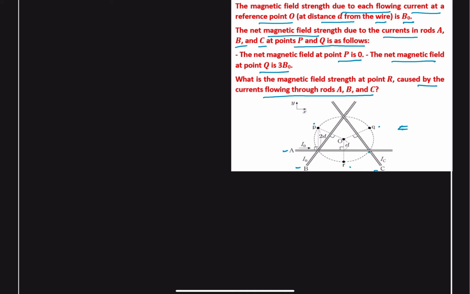In order to find the magnetic field strength, we should know the direction of current flowing in rod B. We only know its magnitude, which is given as I0.